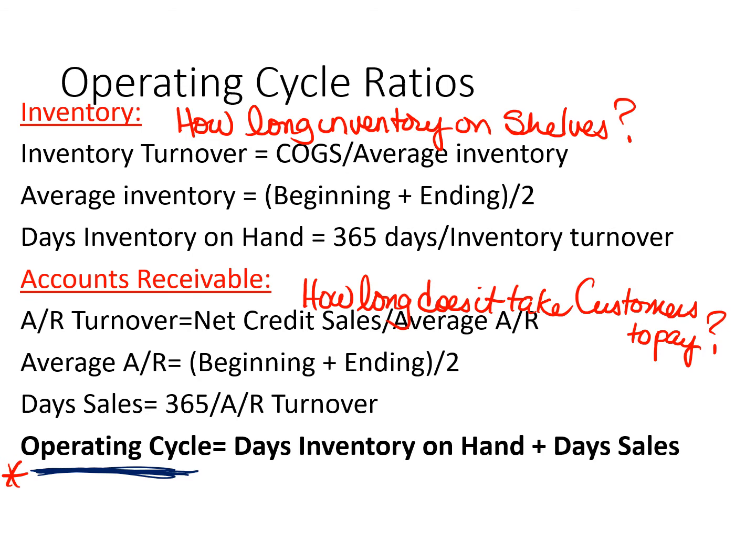But in the meantime, your cash gets used or tied up either in inventory, because you're buying things that you offer to customers to purchase, or your cash is tied up in those customers who have purchased but haven't yet given you the cash. So the operating cycle is sometimes called cash to cash, or how long does it take? How long is your cash tied up in inventory and accounts receivable?